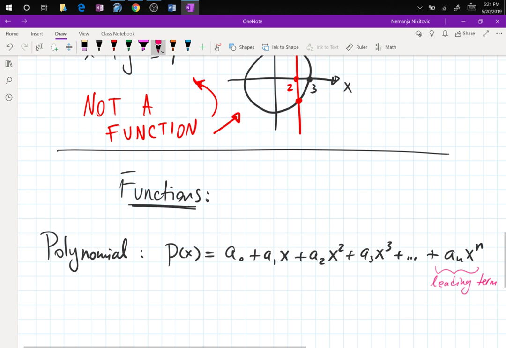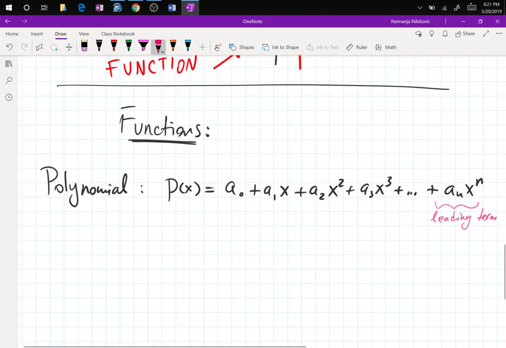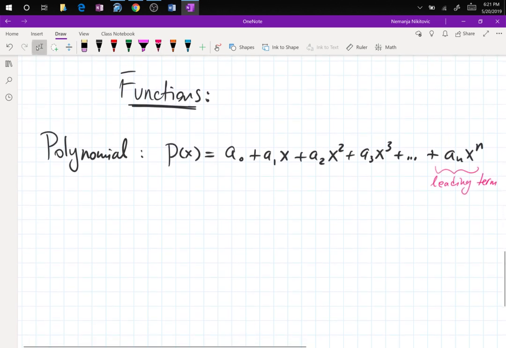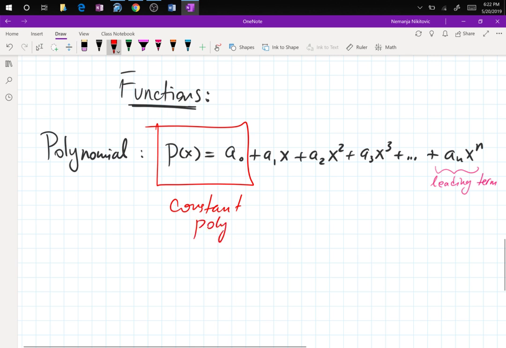Now this polynomial contains a lot of the functions you guys learned. I'm going to keep writing and erasing now. If you have this much, it's a constant polynomial. Meaning, like, let's say y equals 3.